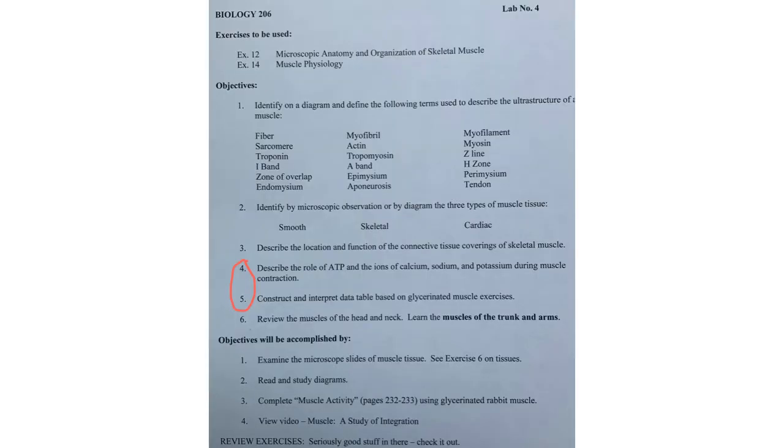The last objective we're going to look at today says to jump to exercise 14. If you jump to exercise 14 in your lab manual, that'll be the experiment today, looking at the contribution of ATP, different ions, and glycerinated muscle.